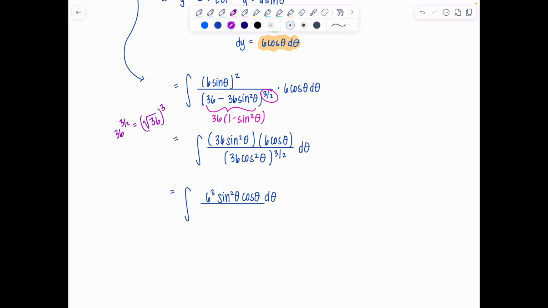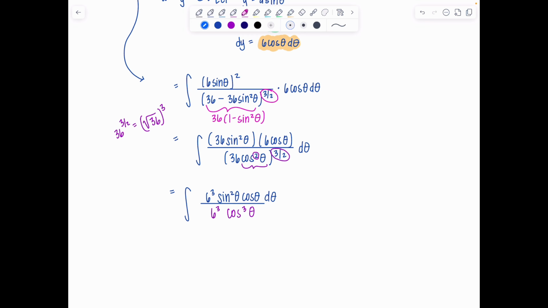So that's also going to give you 6 to the 3rd. It's 216, but just in case you didn't know that off the top of your head, let's leave it as 6 to the 3rd, no problem. And then here, if we're simplifying cosine squared raised to the 3/2, you multiply these exponents, 2 times 3/2, so the 2 cancels. So then we're just left with cosine cubed theta.